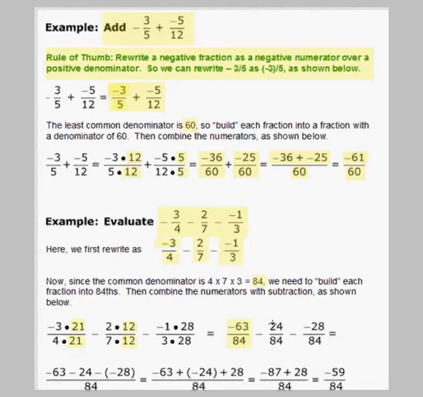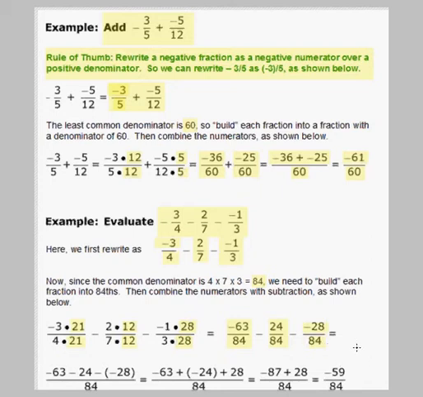So our second fraction turns into 24/84. In our final fraction, we divide 84 by 3 and it goes in 28 times, so we multiply 3 times 28 and we multiply the numerator by 28. This turns this third fraction into -28 over 84.